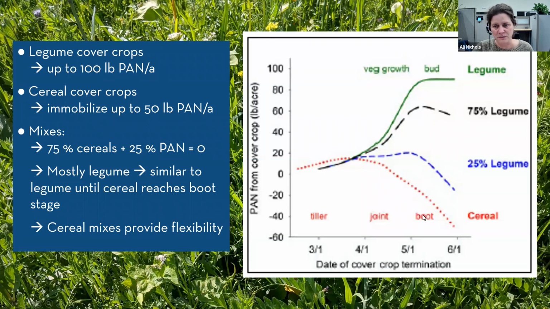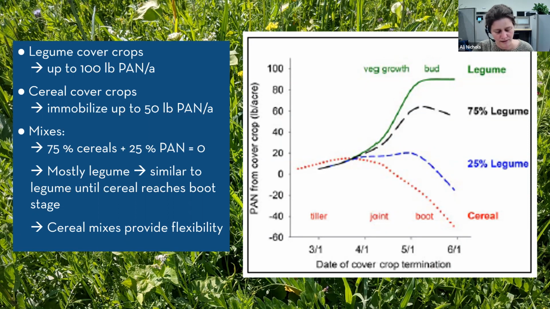So you're going to really want to keep an eye on the cereal part of that mix and terminate it at that point. So you're going to get a little less nitrogen, but if you can keep an eye on things and terminate it at that right point, you're still going to get a net gain of plant available nitrogen.